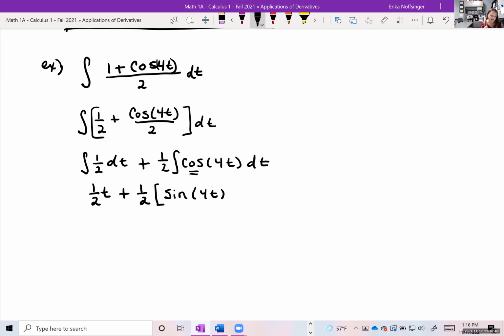But because that has a coefficient of 4 in front of that t, we have to divide by that coefficient of 4. And then we have some constant c that we're adding. So we have 1/2 t plus sine of 4t over 2 times 4 in our denominator, so 8, plus c.